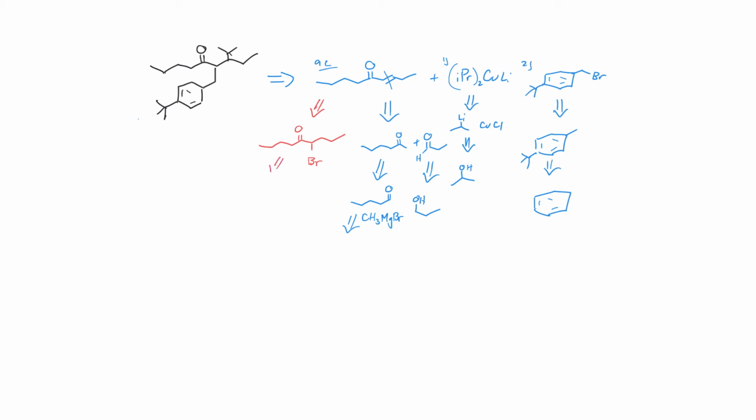And I can add bromine there via acid-catalyzed bromination, just with Br2 and H3O plus, I think is how our book shows it. So I could make that via the acid-catalyzed bromination. But how do I make this 9-carbon chain?